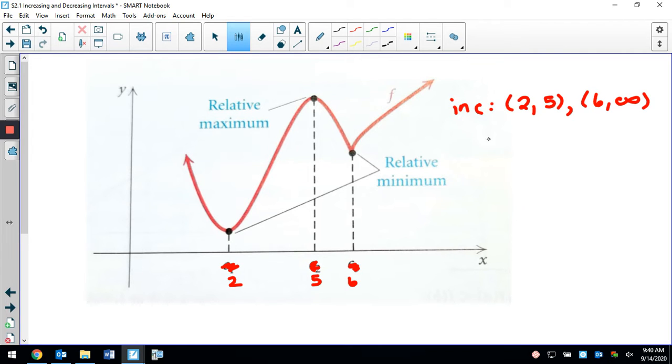Just making a list here. It is decreasing on the intervals negative infinity to 2, and it looks like it's also decreasing from 5 to 6. Constant anywhere? No, it's not. There is no interval where this thing is constant.